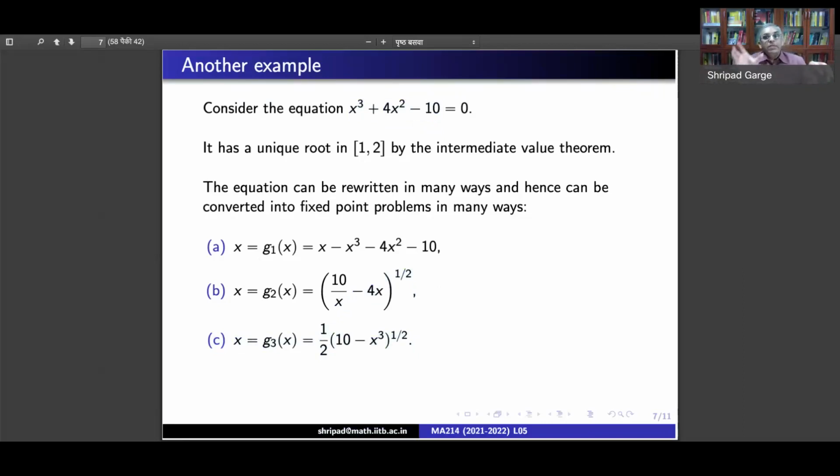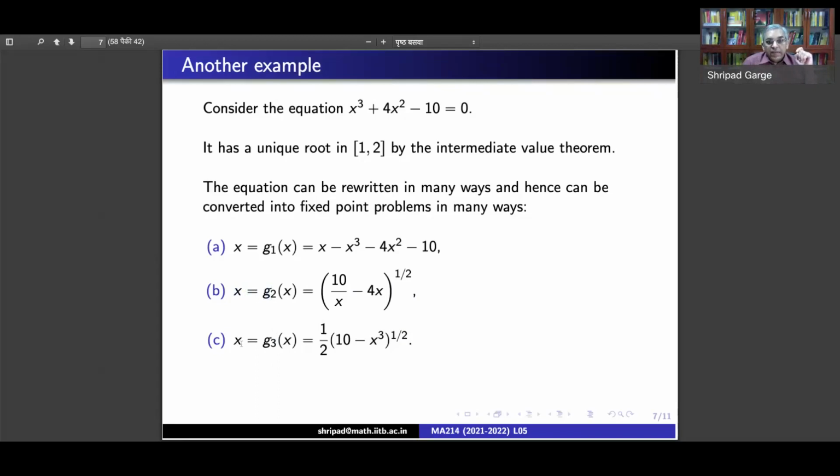So you can now multiply by that x in the denominator on all the sides, and you will get x cube equal to 10 minus 4x square. You bring the 10 minus 4x square to this side to get x cube plus 4x square minus 10 equal to 0. So indeed the second equation, x equal to g2(x), is also a fixed point problem which gives you the root of your equation.